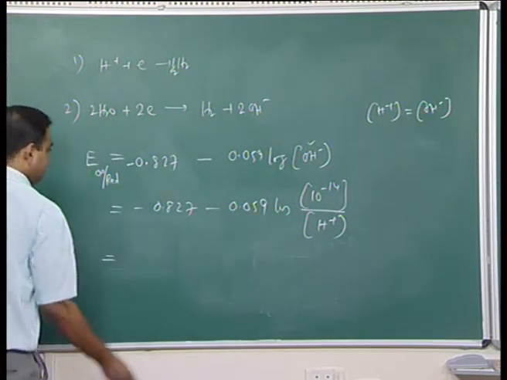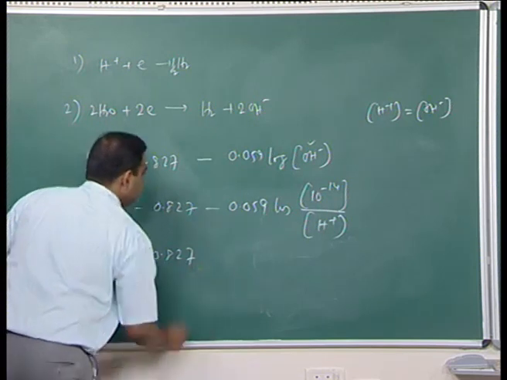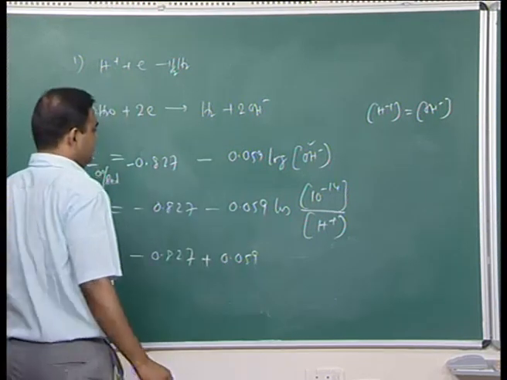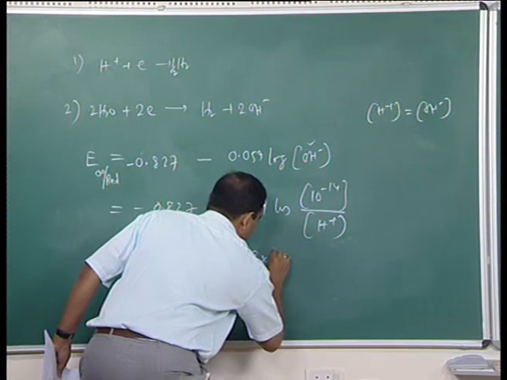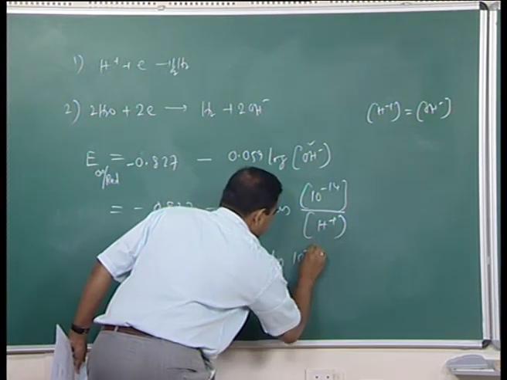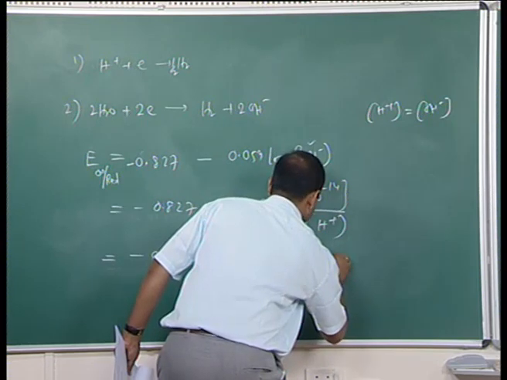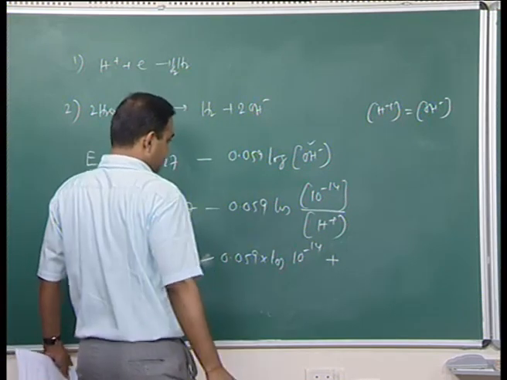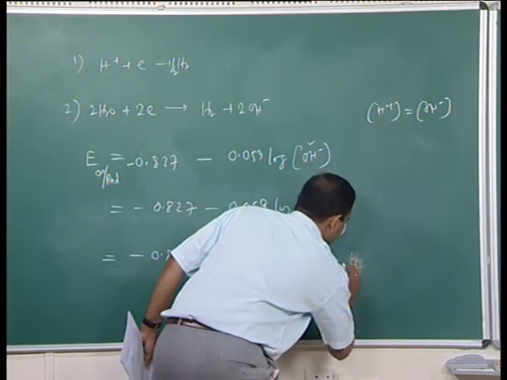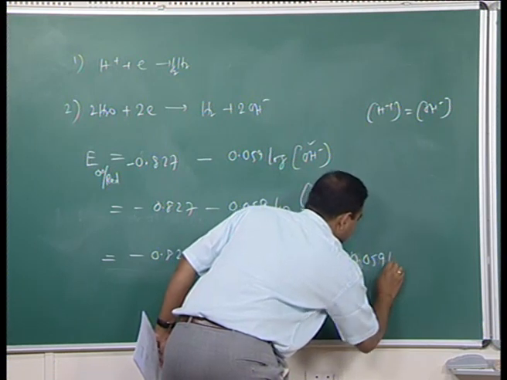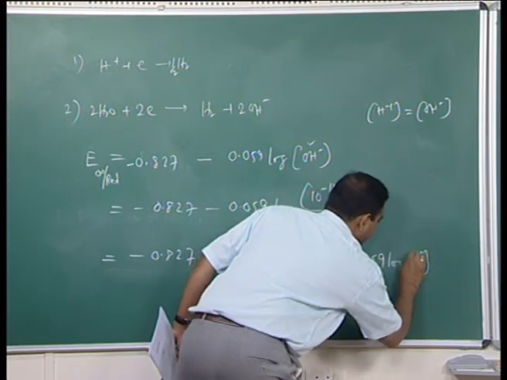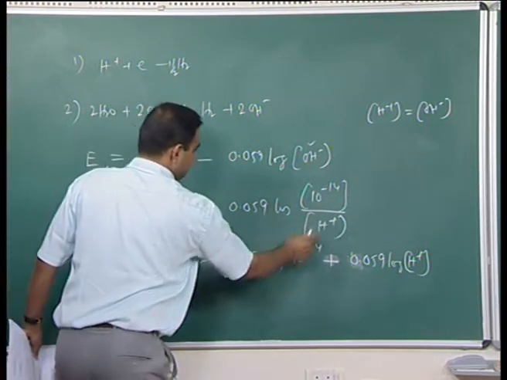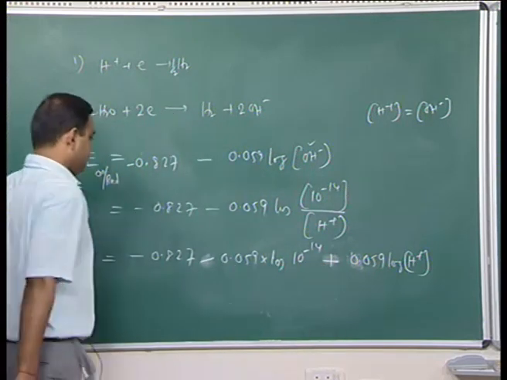So this should become minus 0.827 minus 0.059 into log of 10 to the power minus 14, plus 0.059 log of H plus. There would be a plus sign because this minus and the minus sign here, minus minus, would become plus.